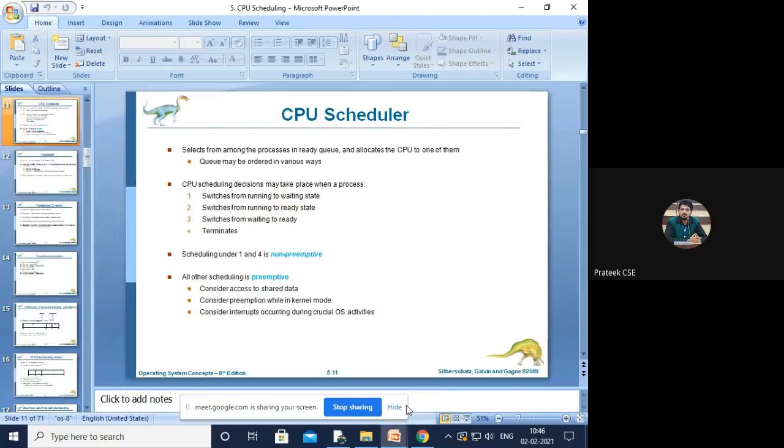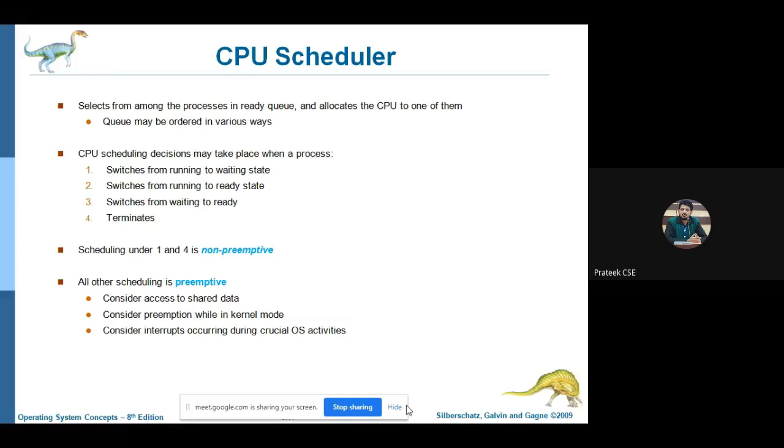So there are 4 different categories in which the CPU scheduler needs to take a decision that yes, now I have to choose one process from the ready state and take it to running. So which cases are those? Already 3 cases we have discussed. Whenever the running state becomes empty, the CPU scheduler's work will start.